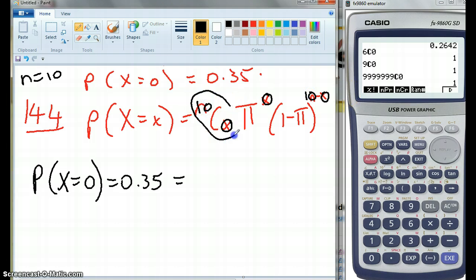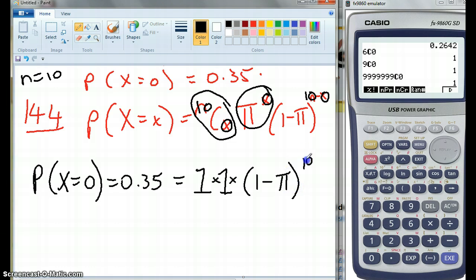Now anything C0 is actually 1. Anything to the power of 0 is 1. So we've got 1 times 1 times 1 minus pi to the power of 10.